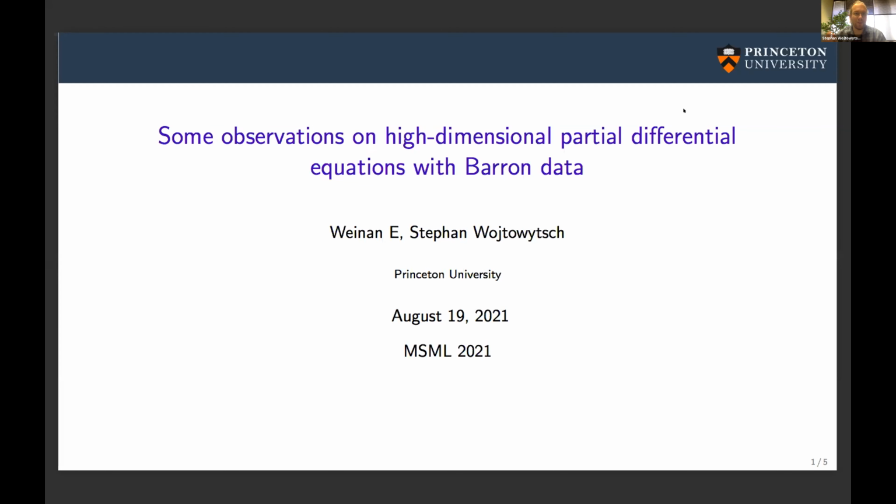I wanted to talk to you about some observations on high-dimensional partial differential equations, and specifically PDEs with data which are represented by, in this case, infinitely wide neural networks with one hidden layer.